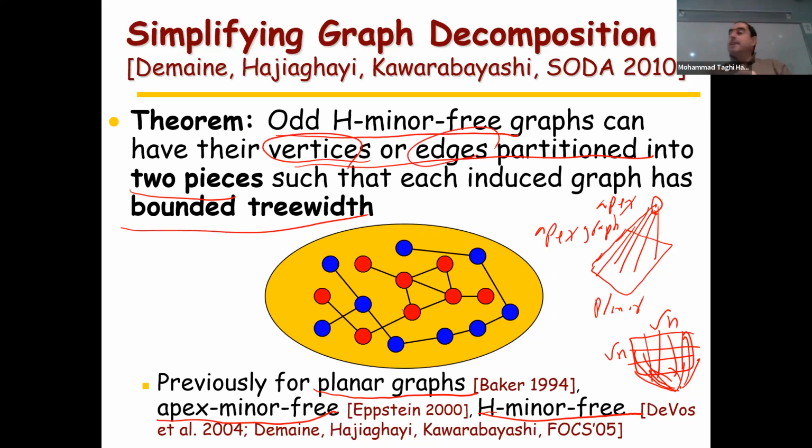Notably, this is the vertex case that we used, correct? But sometimes you may want to use the edge case, where the edges can be partitioned. So in that case you have two graphs with just the edges: some edges in this graph and some edges in the other graph on the same vertices, and each of them has bounded treewidth. So here we use the vertex version, but sometimes the edge version is used, which we will talk about.